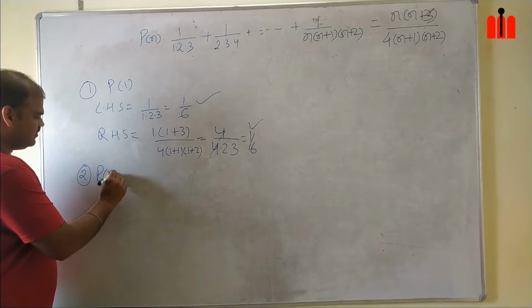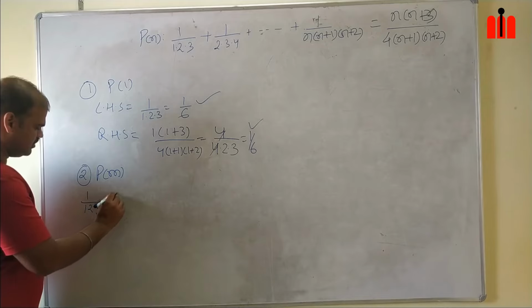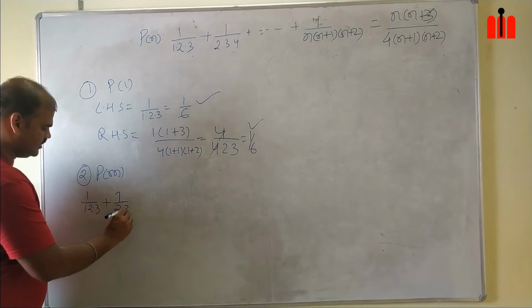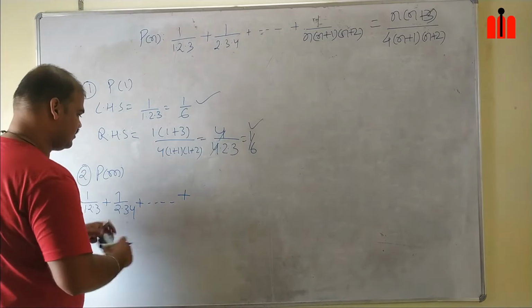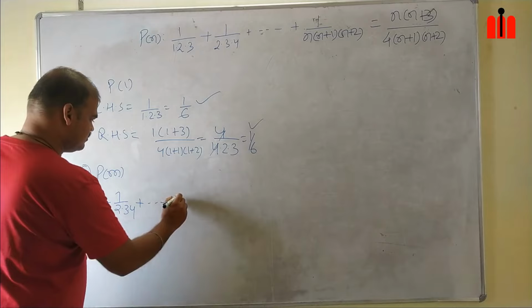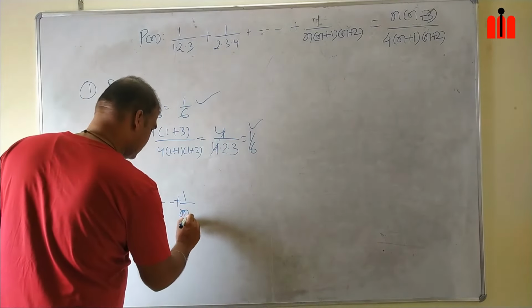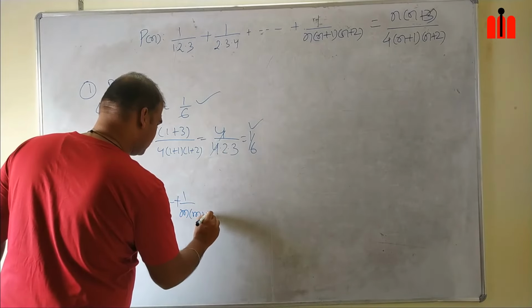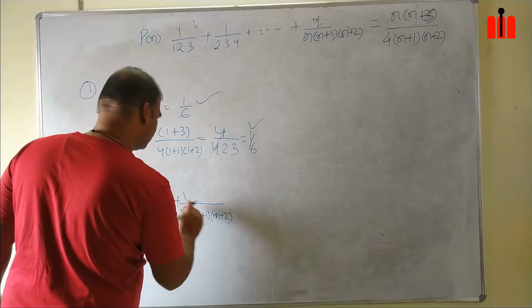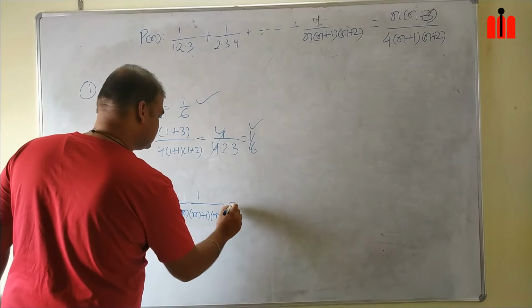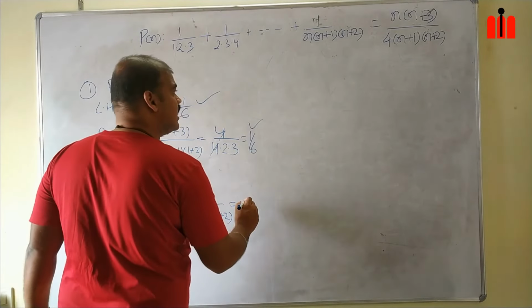My PM statement will be 1 by 1 into 2 into 3 plus 1 by 2 into 3 into 4 plus 1 by ... plus 1 by m into m plus 1 into m plus 2 is equal to, now let's write our RHS.